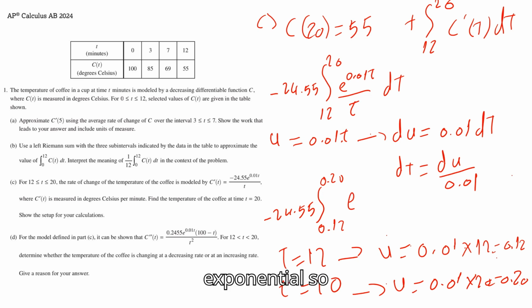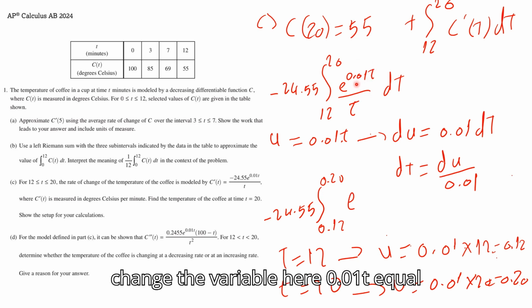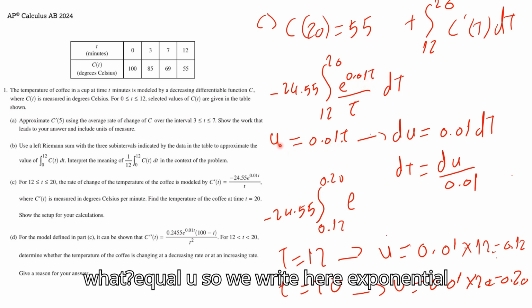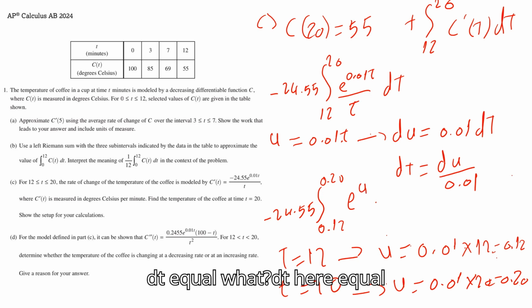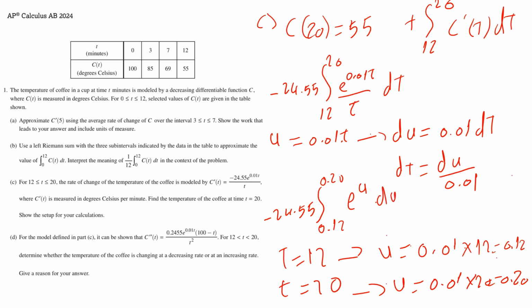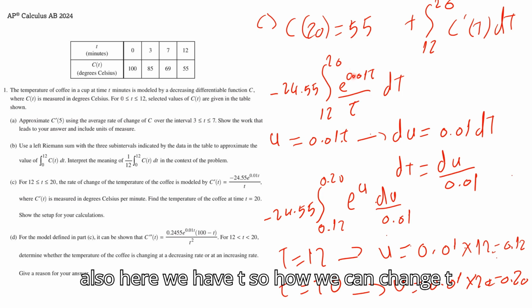Exponential: so changing the variable here, 0.01t equals u, so we write exponential power u. dt equals du over 0.01. Also here we have t. How can we change t to u?